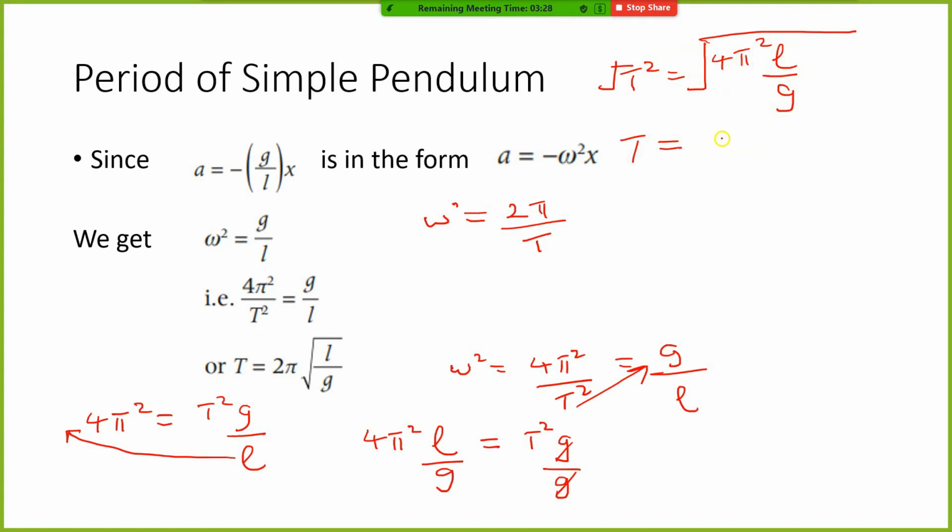The square root of 4 is equal to 2, and the square root and pi squared are going to cancel out, so I'm left with 2 pi times the square root of L divided by g. This is the overall equation that we would have just proved pertaining to the simple pendulum equation.